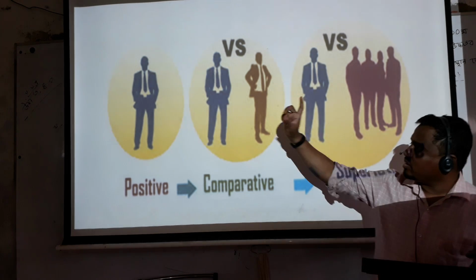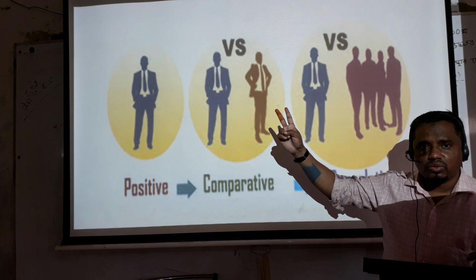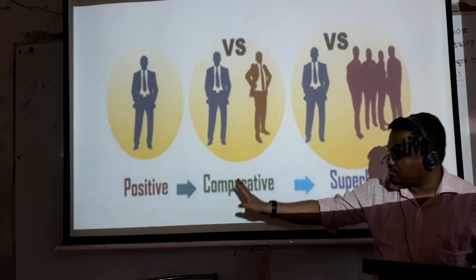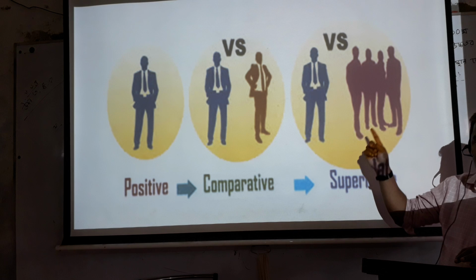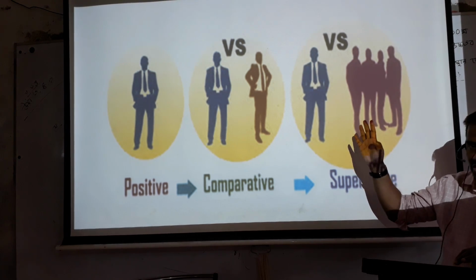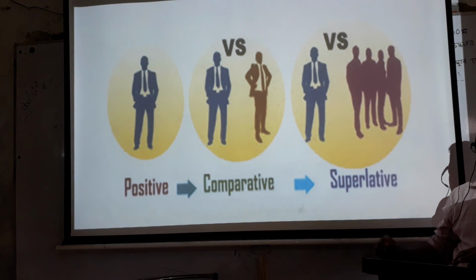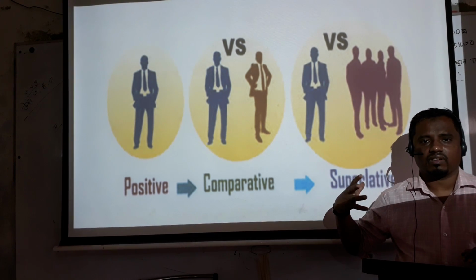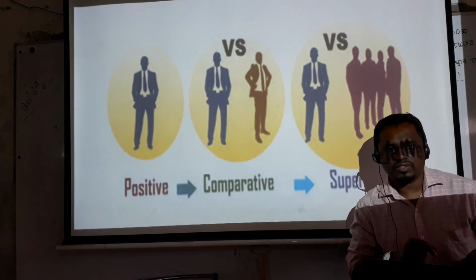So when you compare two things or two persons, in that case it is comparative. Then when you compare more than two, it will be superlative. This is the primary idea that you can have in changing degrees.